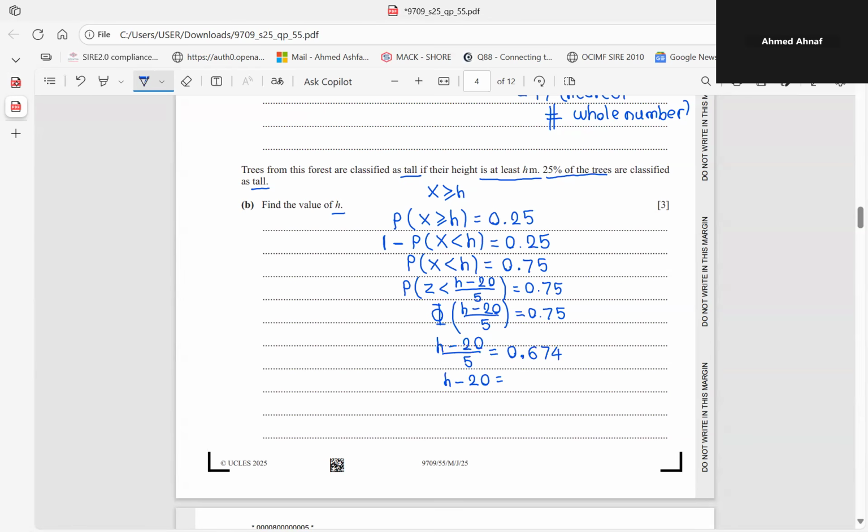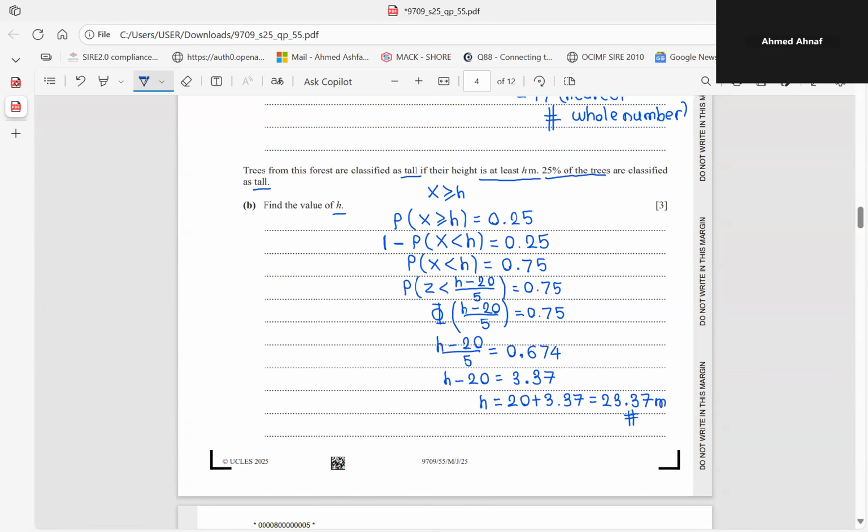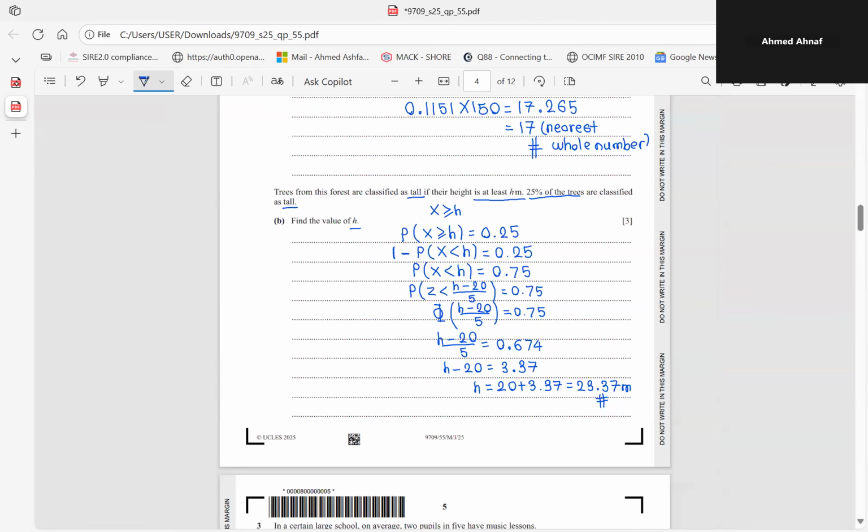So 0.674 times 5 is 3.37. And h would be equal to 20 plus 3.37, which is 23.37 meters. So this is our final answer for h.